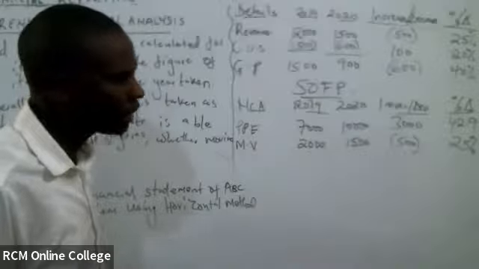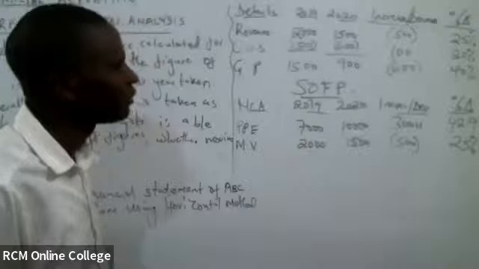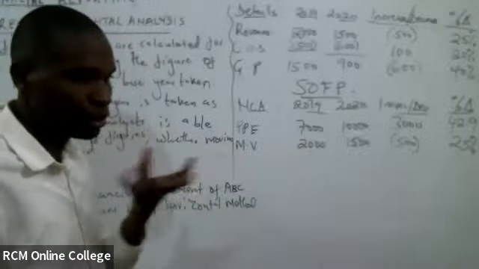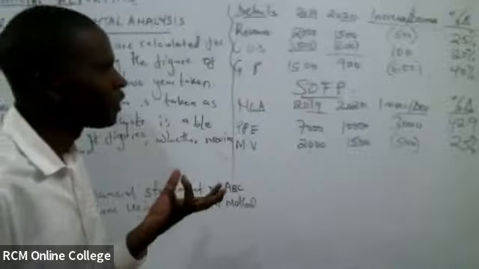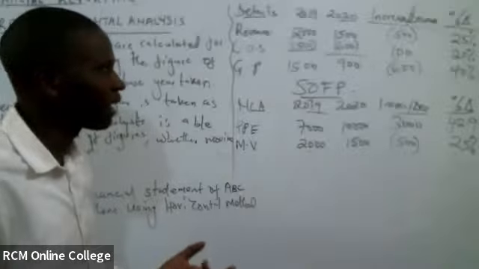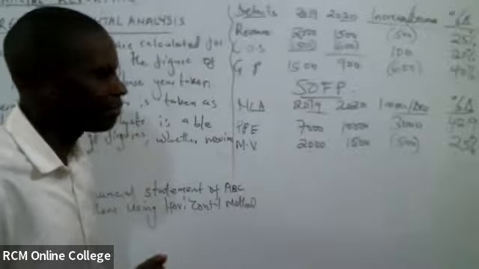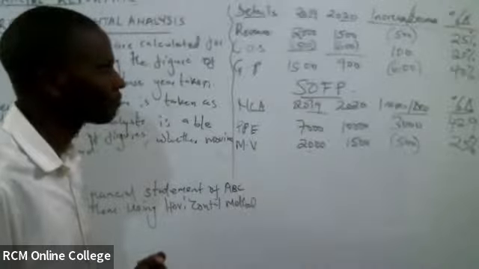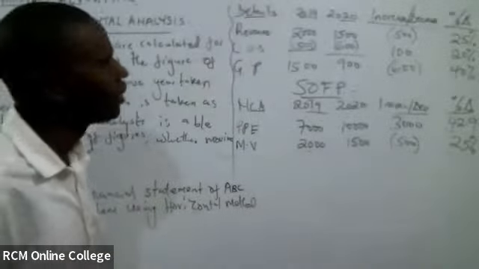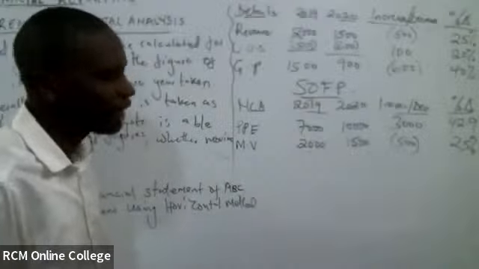So you can tell them maybe to avoid selling on credit, or to have a credit policy, a policy that encourages their credit customers to pay on time. Depending on that analysis, you are able to see what can be done.